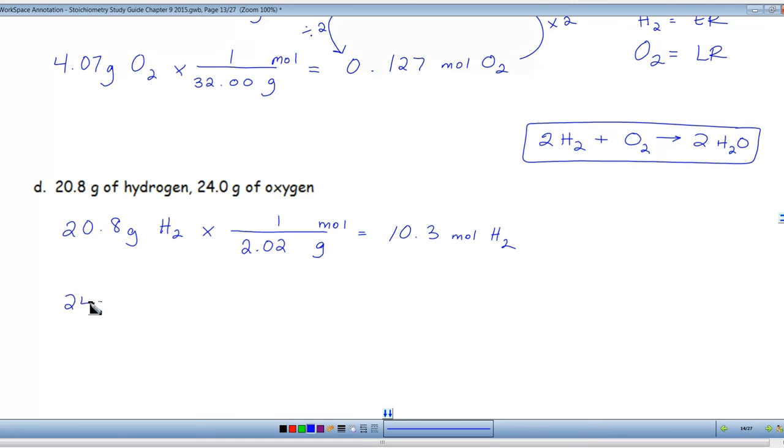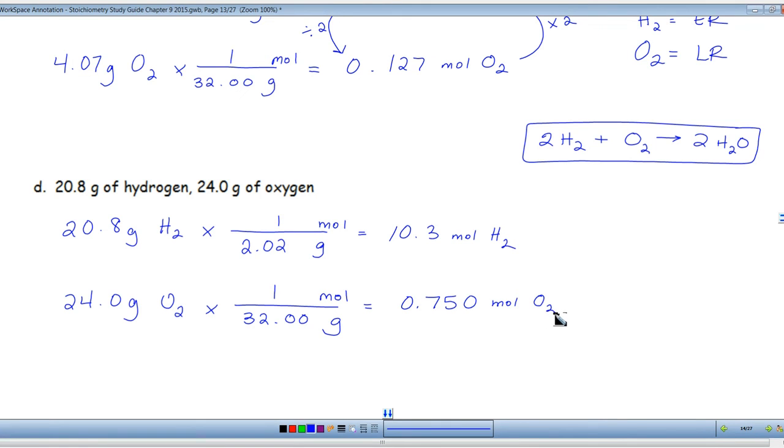Then we take the 24.0 grams of oxygen, cancel grams, we want moles. 1 mole has the mass on the periodic table, but it is double, 32. All right, so 24 divided by 32 is 0.750, I suppose, moles of oxygen.